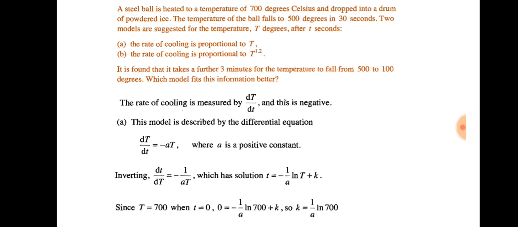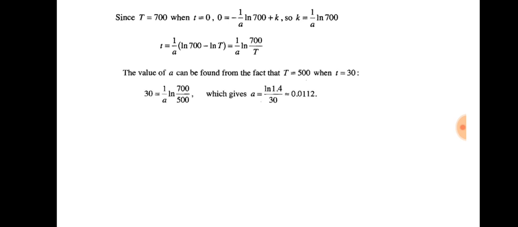Since T equals 700 when t equals 0, substituting those values, we get k as 1 over a log of 700. So t equals 1 over a log of 700 over T. The value of a can be found from the fact that T equals 500 when t equals 30. So substituting those values, we get a as nearly equal to 0.0112.